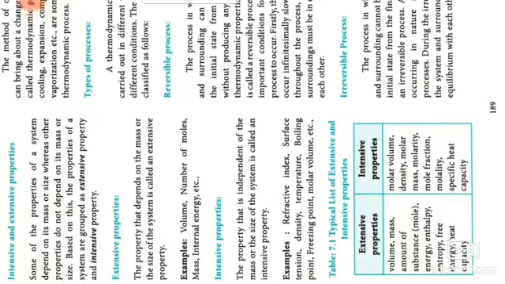What is meant by intensive property? Properties are classified into two kinds, intensive property and extensive property.